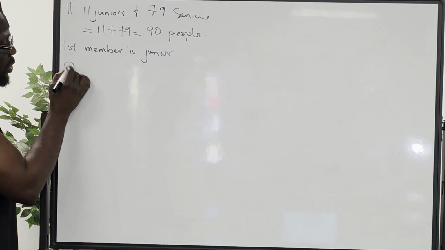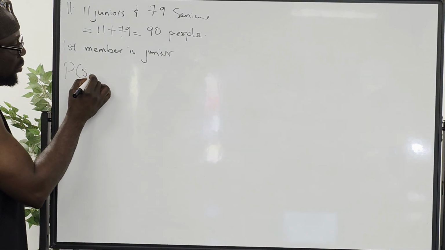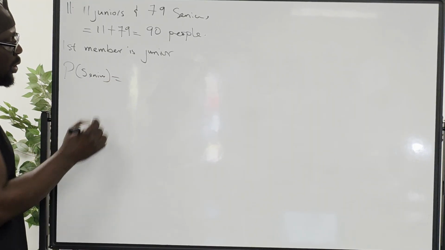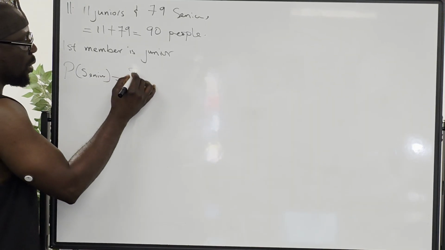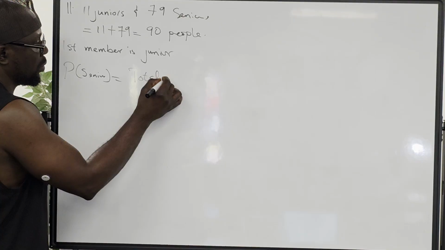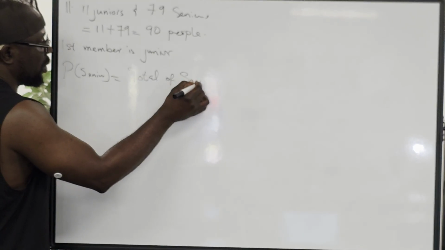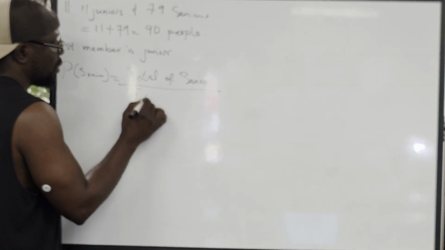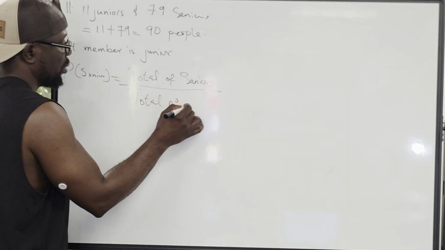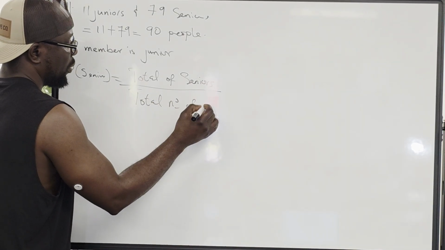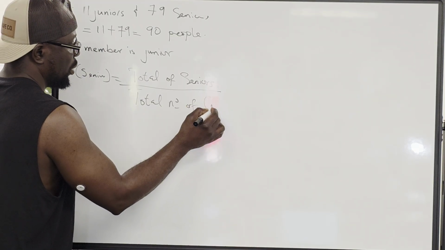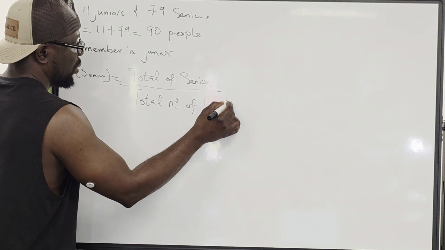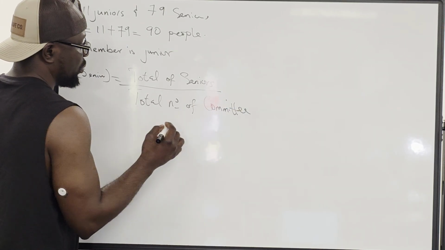So the probability of a senior is what we're looking for. Here you're going to say the total number of seniors divided by the total number of committee members left to be selected from.